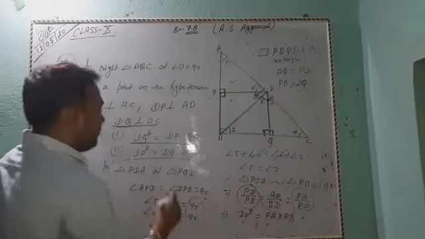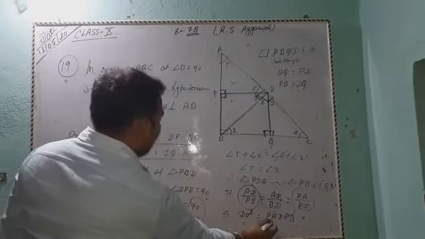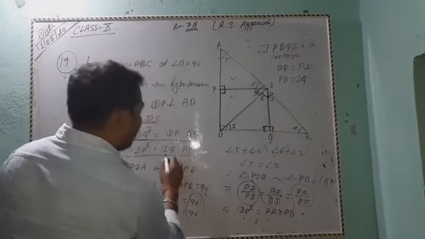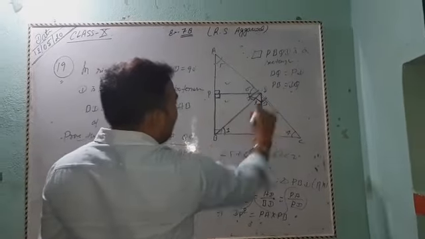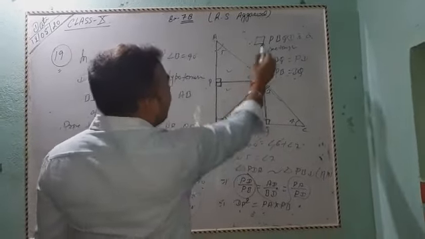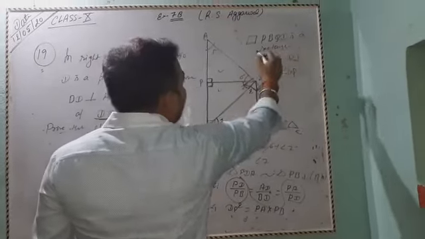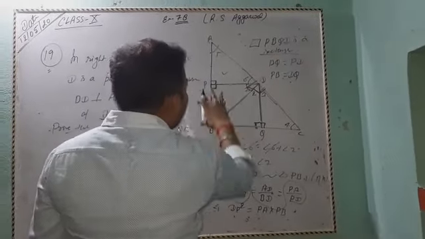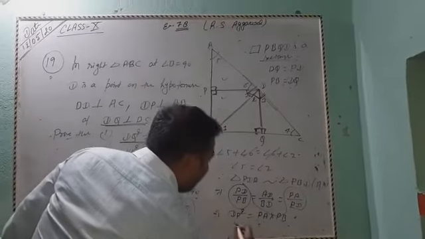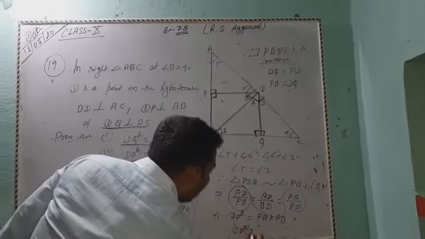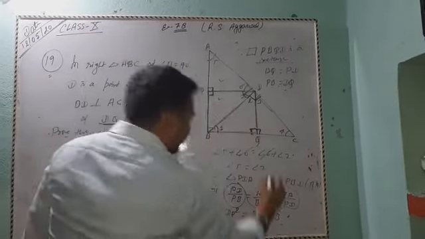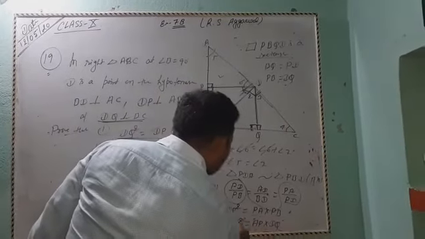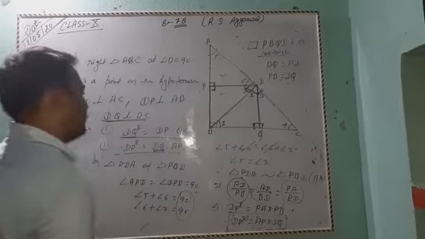Okay, so PB equal to DQ because BQDP is a rectangle. So DP square equal to AP multiplied by DQ. Okay.